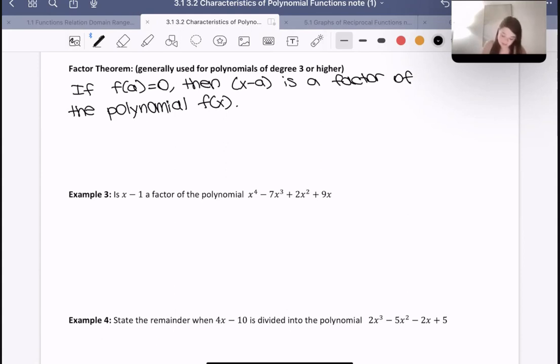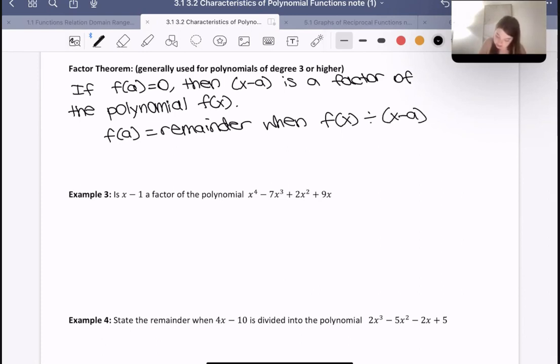So f of a in general is equal to the remainder when f of x is divided by x minus a, right? When we have f of x divided by x minus a, and we get a remainder 0, that means it is a factor. If the remainder is not 0, then it is not a factor.